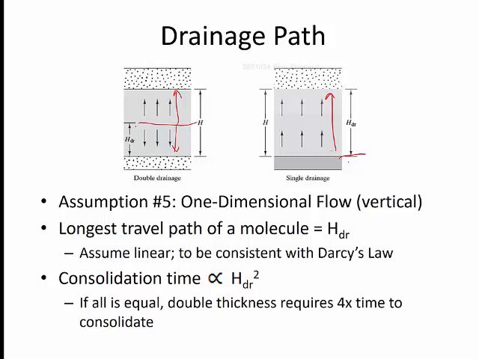And consolidation time is directly proportional to the square of the drainage height distance. If all things are equal, if you double the thickness of that layer, it will require four times the actual time to consolidate that layer.